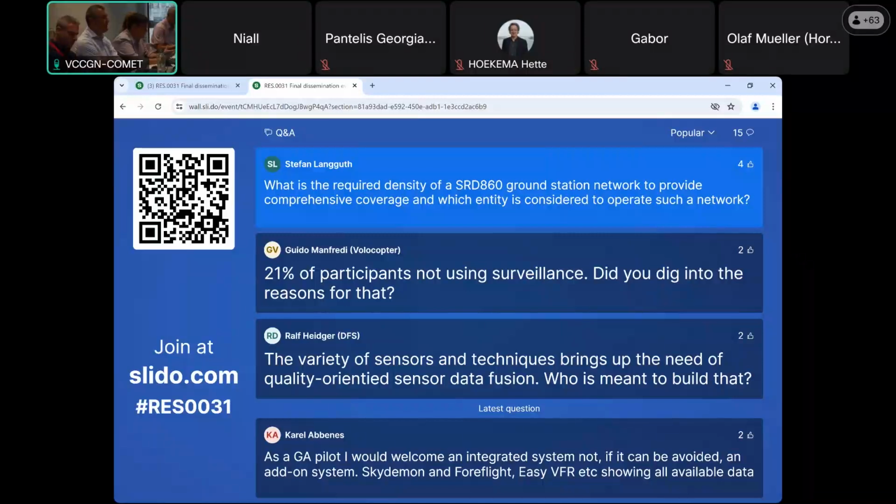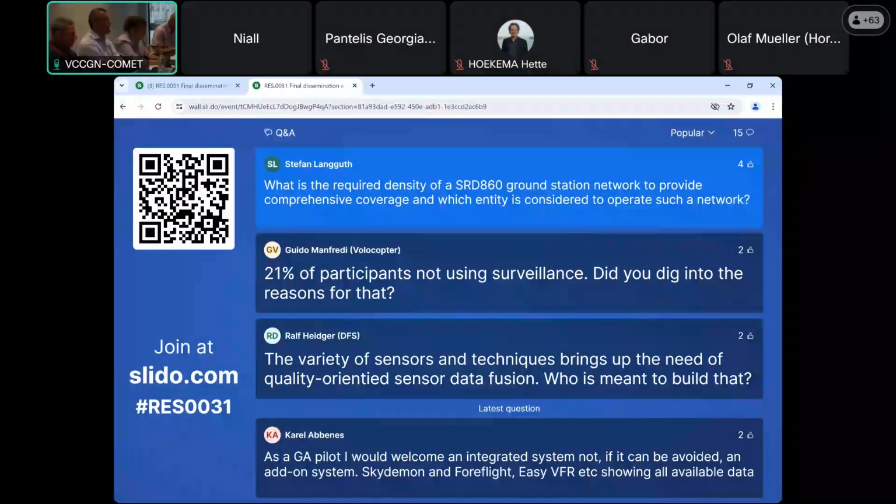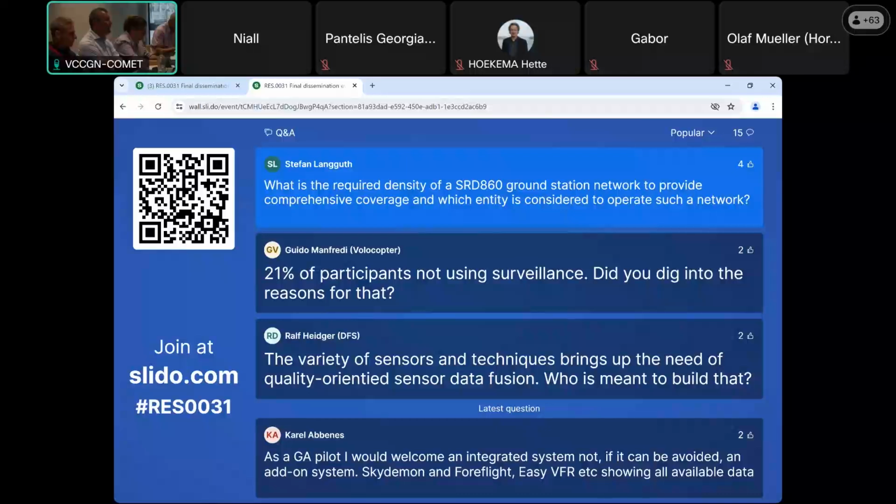And we see more and more federations and pilot associations being interested in this topic and financing infrastructure at their airfields because they see potential to improve safety in the vicinity of the airfields. So we can assume that most of the GA airfields or flying sites will be going in this direction.